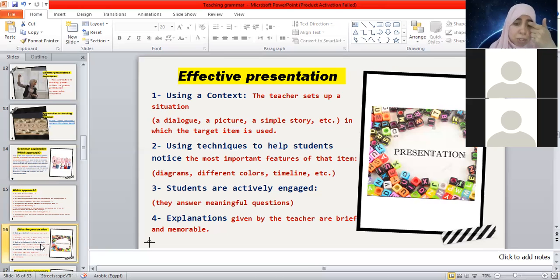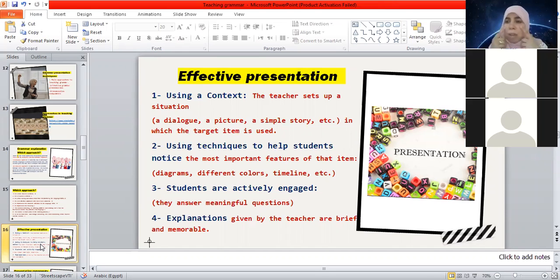Number 4, explanation. Of course, especially if I teach young learners, my explanation should be clear, simple, memorable. As I said, I can use pictures, graphs, diagrams, drawings on the board, charts. Acting sometimes. Acting, yes, body language, yes, that's right, Raghda.